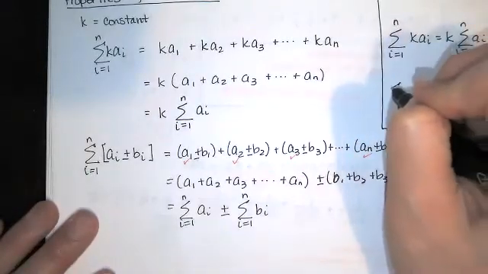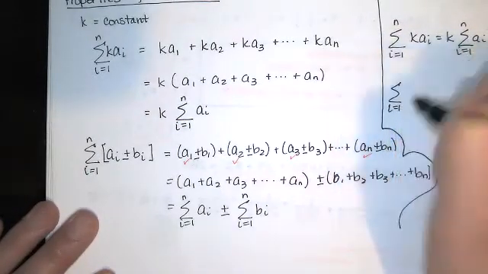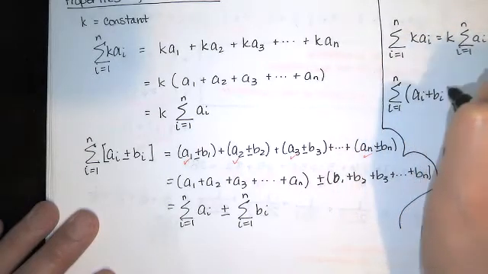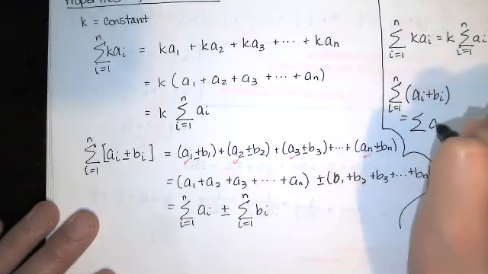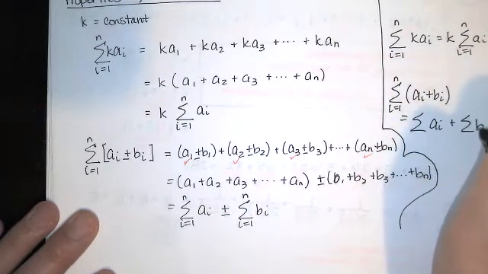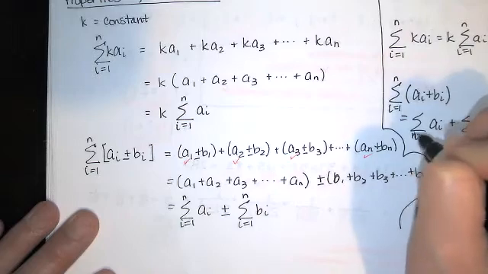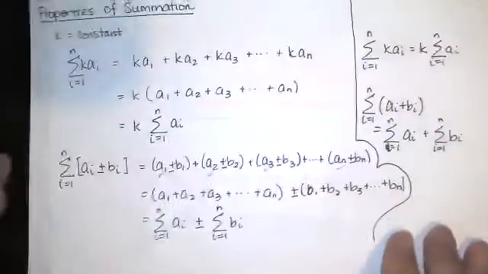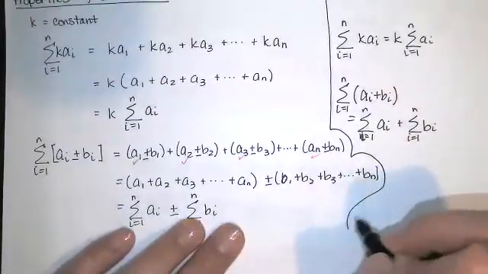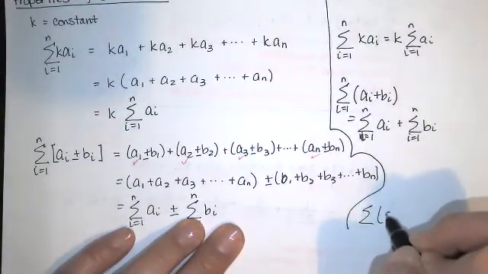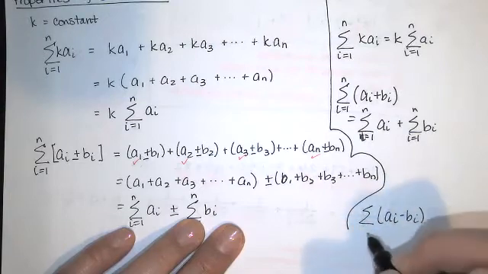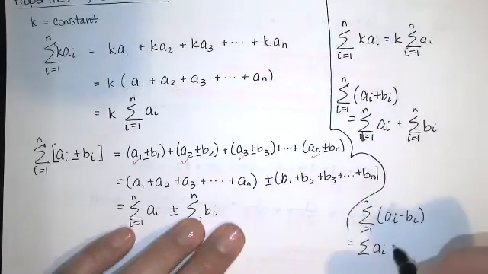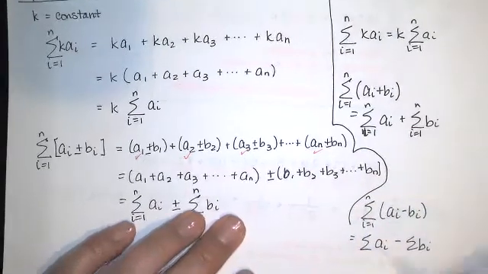The first property is that if I have the sum as i goes from 1 to n of a sub i plus b sub i, I can add the a sub i and add the b sub i separately. Now the second property is that if I'm subtracting those, well, I can add the a sub i and add the b sub i and subtract those instead.